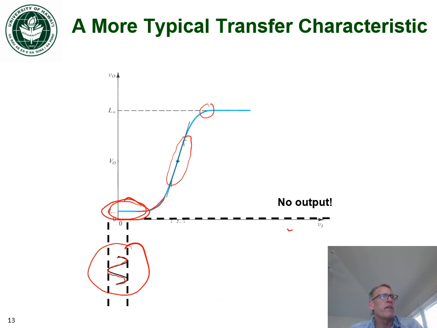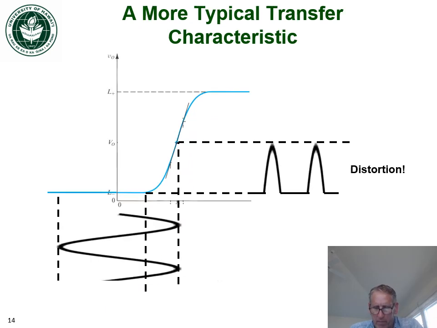Obviously, this is not working well as an amplifier, even though we appear to have a voltage transfer characteristic that gives us amplification. All right, let's do another example with this same amplifier. Now, in this case, we've decided, okay, we didn't get any amplification, so we're going to bump up our input signal significantly and make it much bigger, but still centered at 0 volts.